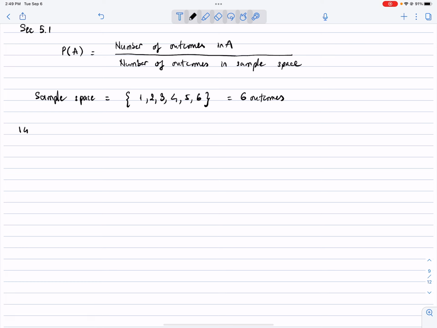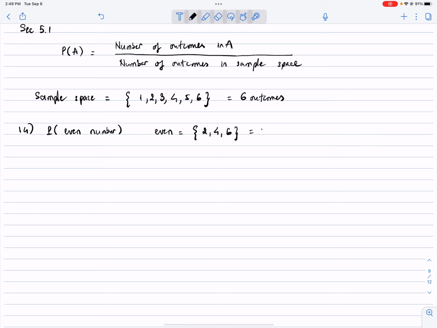In problem 14, it says find the probability of the even number. So even is the event, and we got 2, 4, or 6. So they are the even numbers.